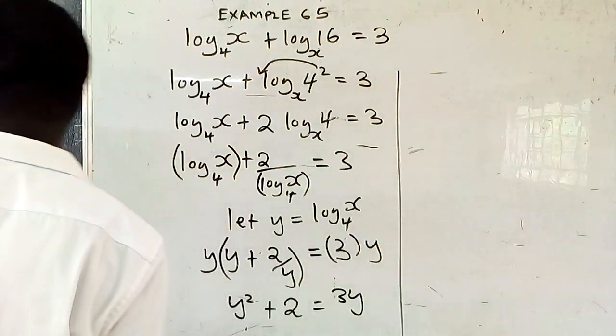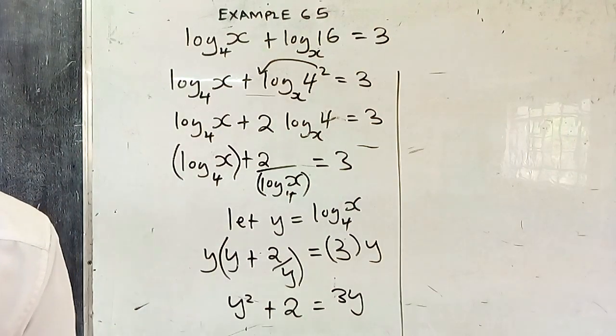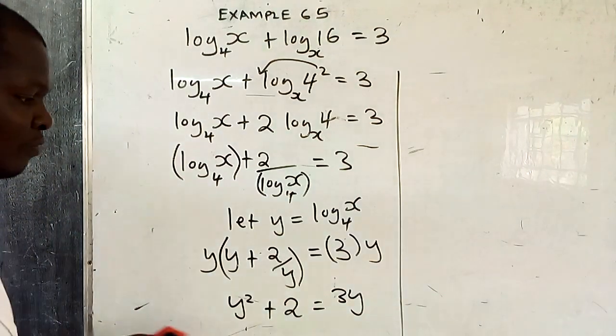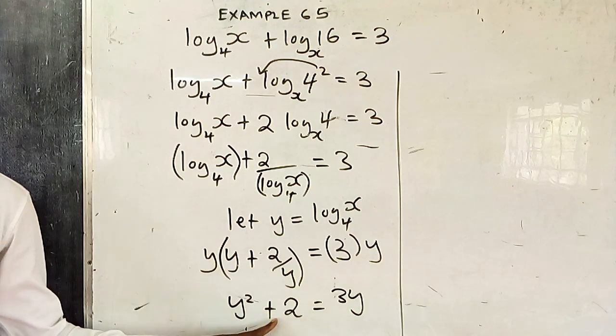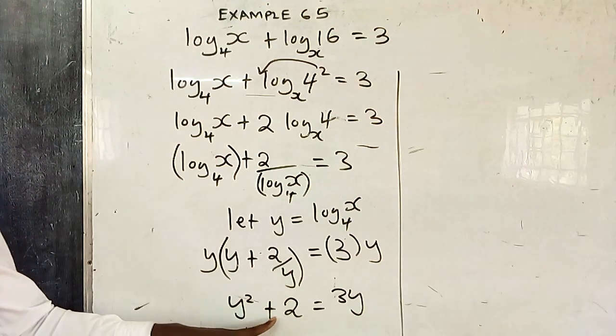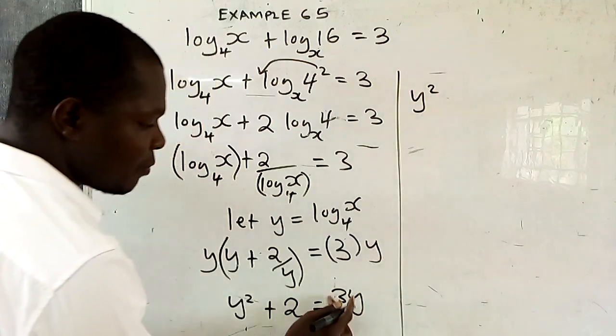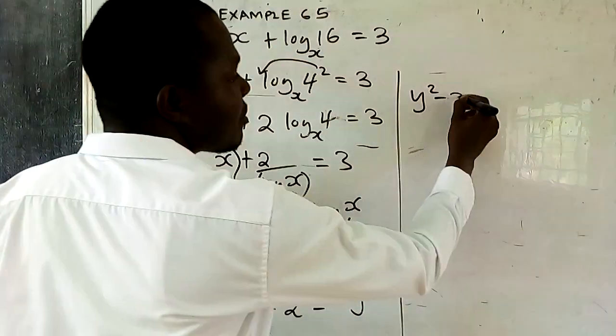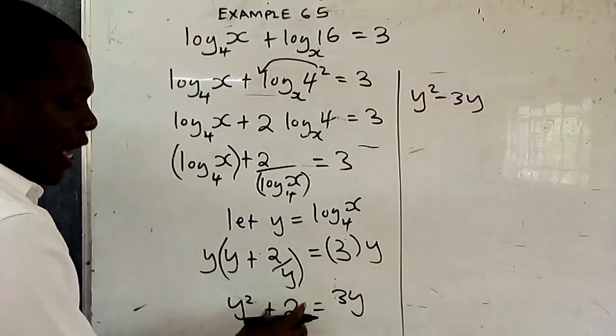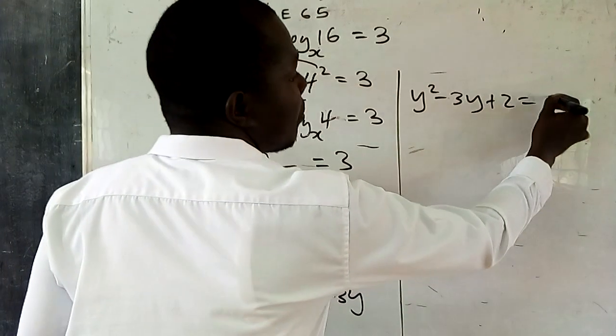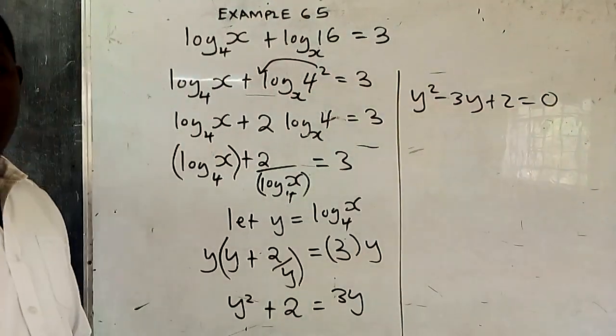So can you now solve this? So you make it in form of a quadratic equation. Are we together? So you get y squared, positive 3y coming this side becomes minus 3y, plus 2 is equal to 0.